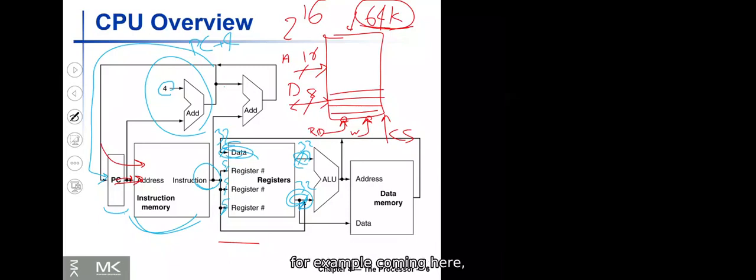So RS, for example, comes here, but RT comes here for the write. That's the control that the CPU does. The decoding shows us which bit goes where. That's something we will see later. First, looking at the components, and then we will see how they work.